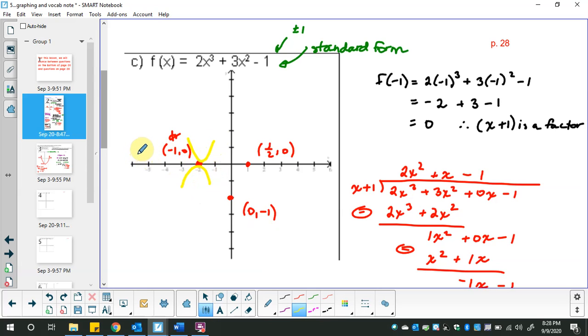And because this is a function, in an advanced functions class, you can't backtrack on yourself. So the only possibility for this particular picture is to come from below, go through that x-intercept, and bounce. You have no idea where this is going to end up as long as you come up through the y-intercept and up regularly through the other x-intercept.